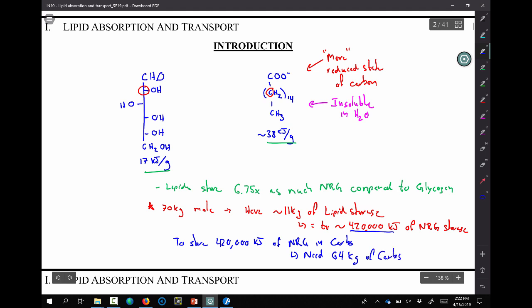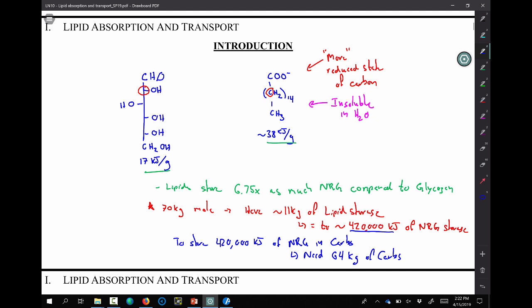Glycogen, of course. 64 kilograms of carbohydrates is essentially the entire mass of the individual, which obviously we're not going to do.